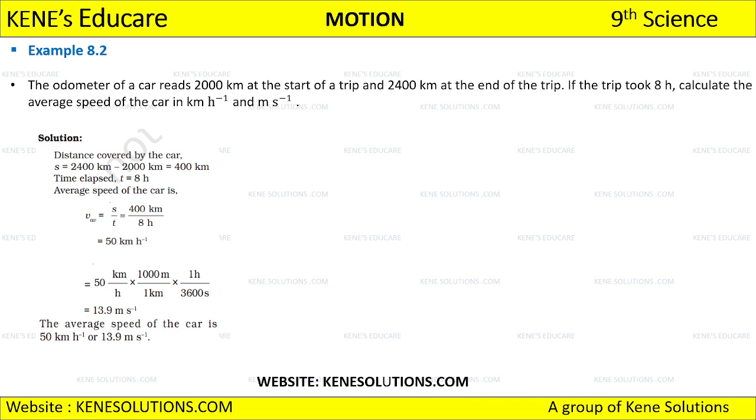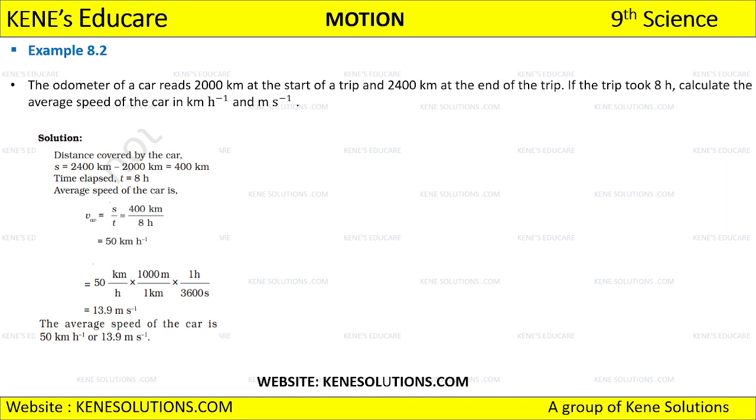Now here they have given the distance covered by the car. What is the distance covered by the car? If we know that 2400 kilometer is at the end of the trip and at the starting it's 2000, right? So what we will do is 2400 minus 2000, which becomes equal to 400 kilometer, right?